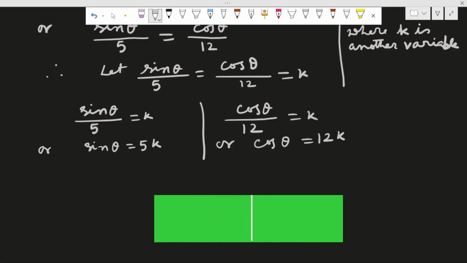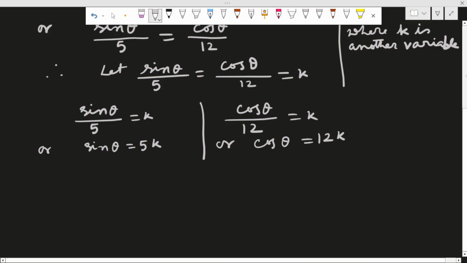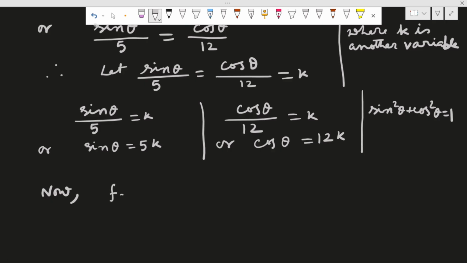Now how to find the value of k? There are formulas involving sin theta and cos theta. So we will use the square formula involving sin theta and cos theta, sin square theta plus cos square theta is equal to 1. Now in this formula, if we put the values of sin theta and cos theta, we will have an equation for k.